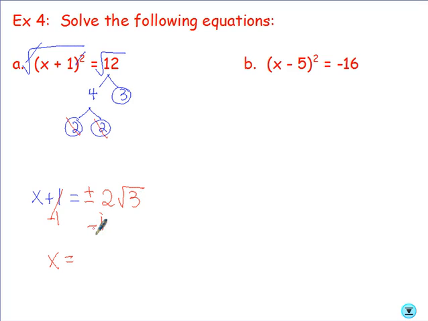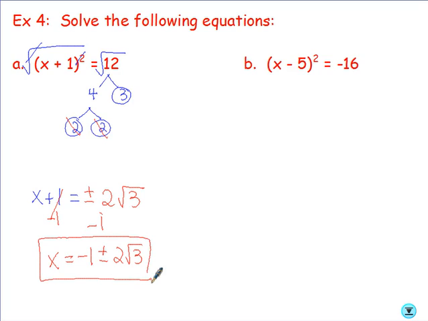So this is a regular number. This is a radical. So they cannot be combined. So the way we write our proper answer is you write the regular number first, then the plus or minus, then the radical number. And that is a done answer.